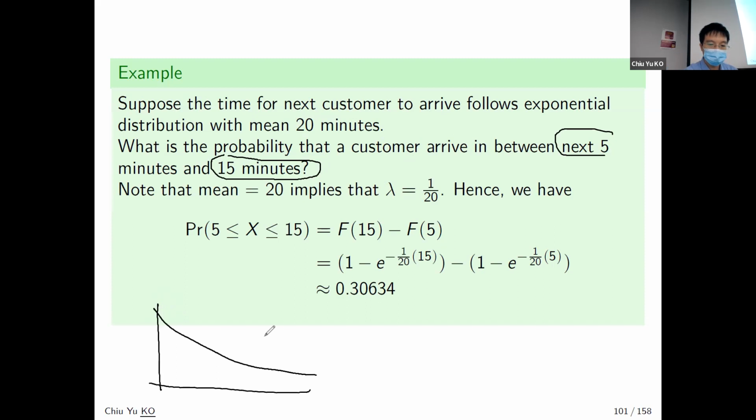So exponential, f here, x here, between 10 and 15. Okay. So this is the area they want to find. And this is the probability we want to find, right? It's exactly this guy. Maybe I'll use the red color.